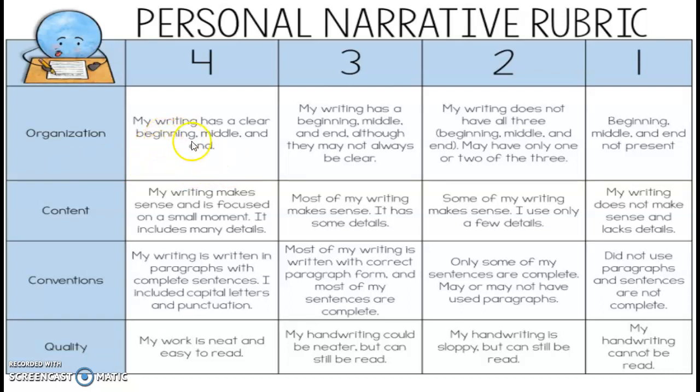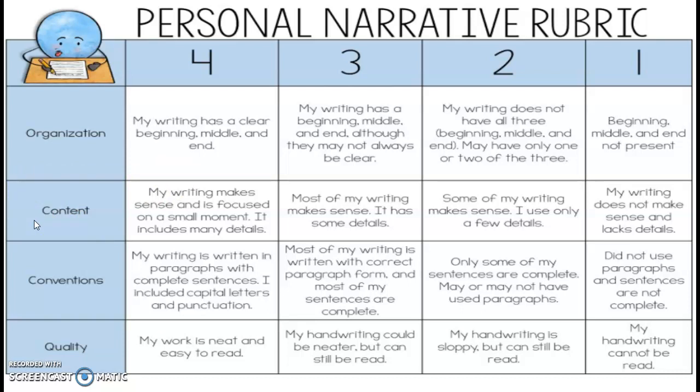Organization: my writing has a clear beginning, middle, and end, so I can fully understand where your story started to where it ended. Content: it makes sense and is focused on your small moment.